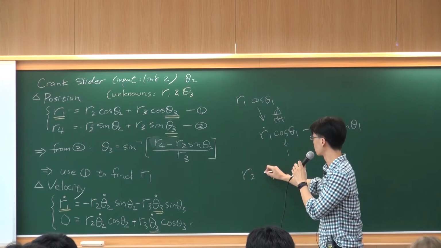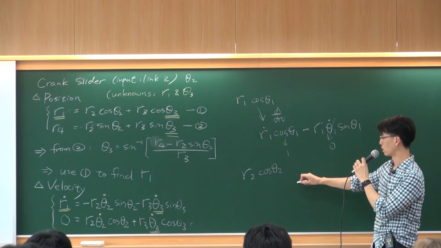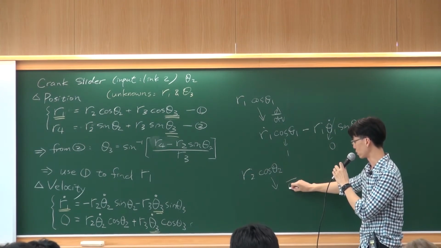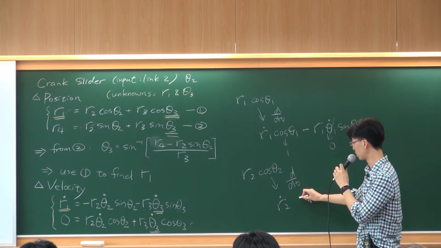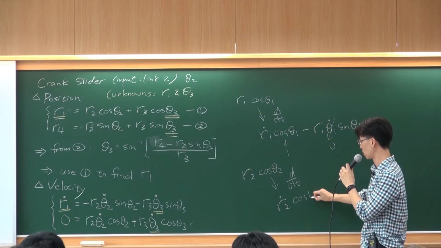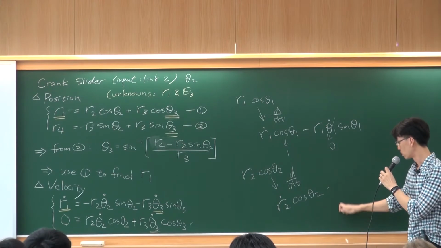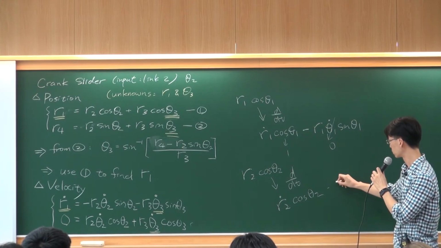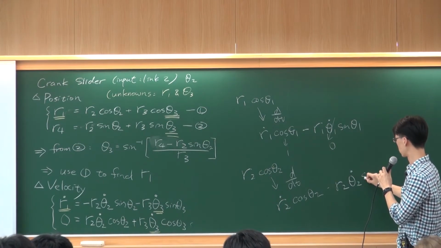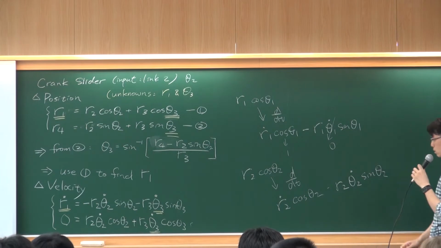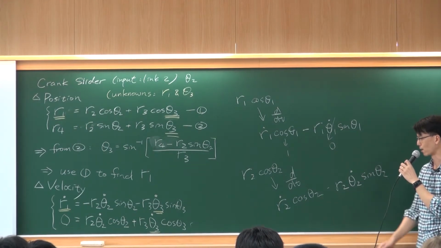But R2 cosine theta 2 is a bit different. If you take the time derivative for this one, originally you should get a form like this, with an R2 dot cosine theta 2 term.